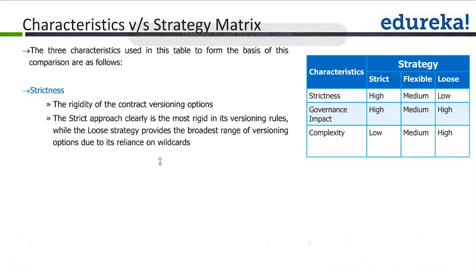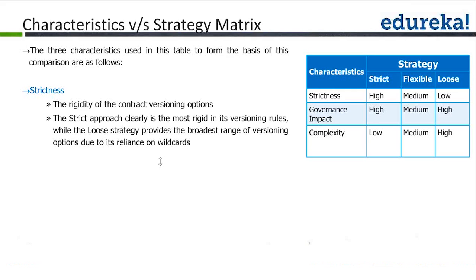So it is low. Complexity for strict is low because you don't have to worry about any versioning. Okay, this is for strict, but why for complexity? Okay, to some extent it is correct.